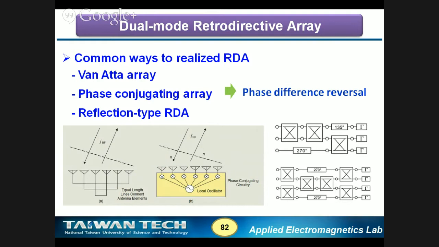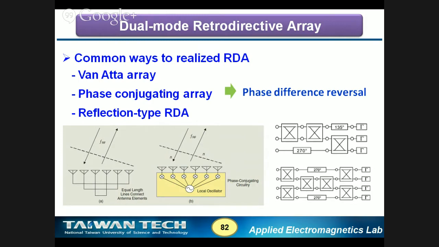This kind of retrodirective array uses the reflection law, so I named it a reflection type retrodirective array. I think it's a proper term because it uses the reflection law. It uses a lot of crossovers and delay lines, and it is actually similar to a Van Atta array, but in this way he deals with the problem.